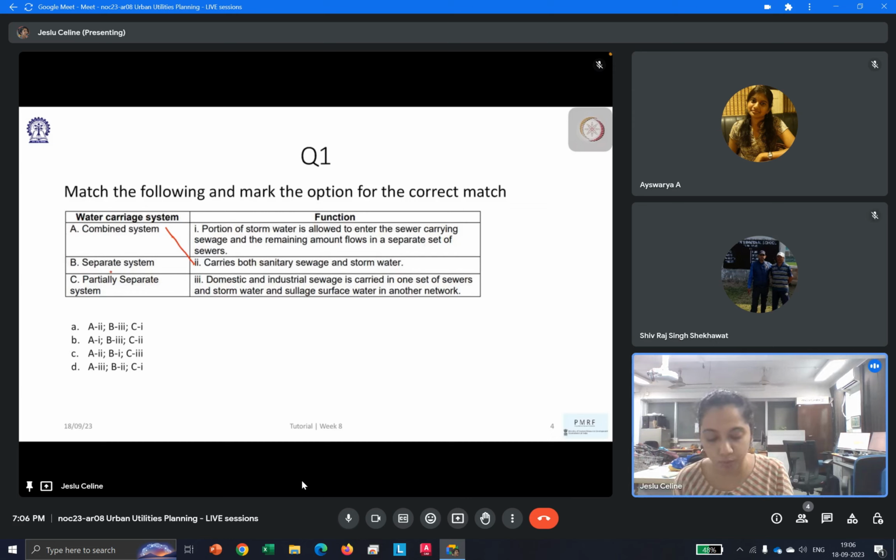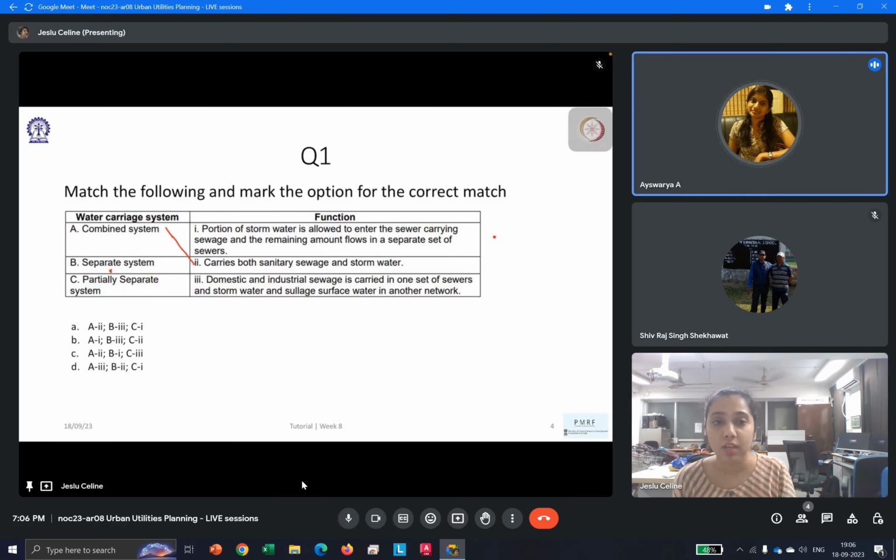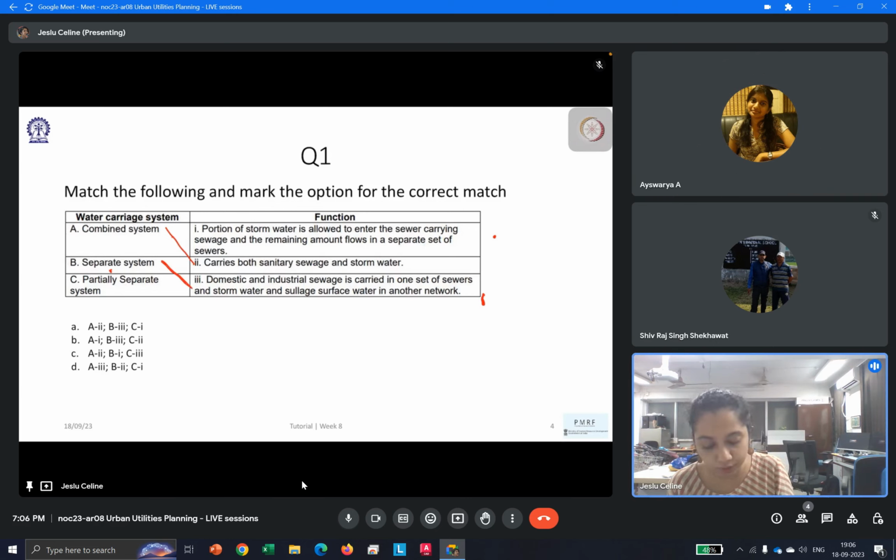One is that a portion of stormwater is allowed to enter the sewer carrying sewage, and the remaining amount flows in a separate set. Then there is another one which says the domestic and industrial sewage is carried in one set of sewers, and stormwater and surface water in another set of sewers. That is separate system. Correct. So in a separate system, you have complete separation.